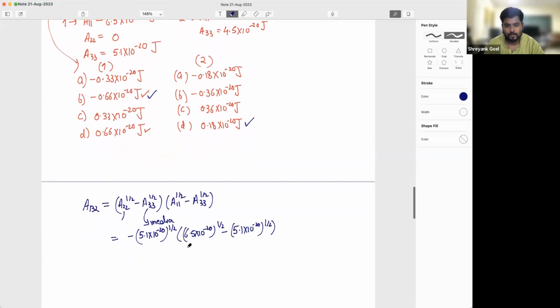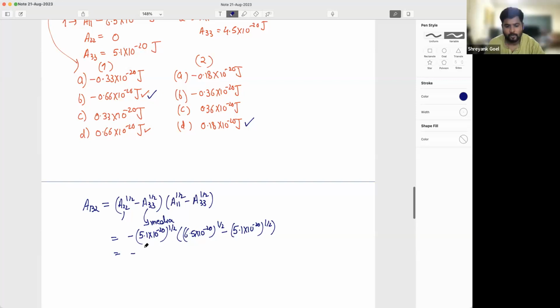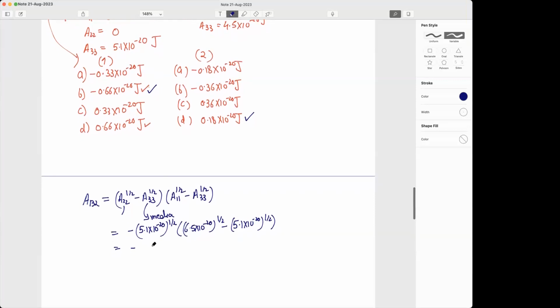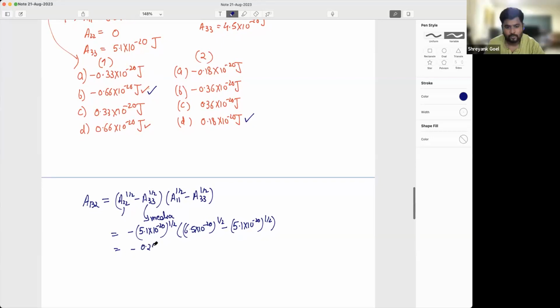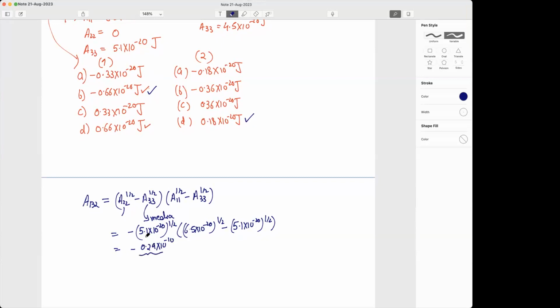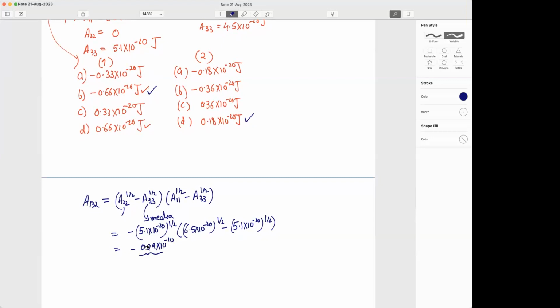Can you tell what values you got? 0.29 into 10 to the power minus 10. From where did you get this? It's the root of 5.1. And the other one I got minus 2.25 into 10 to the power minus 10. No, sir, this will not be minus.